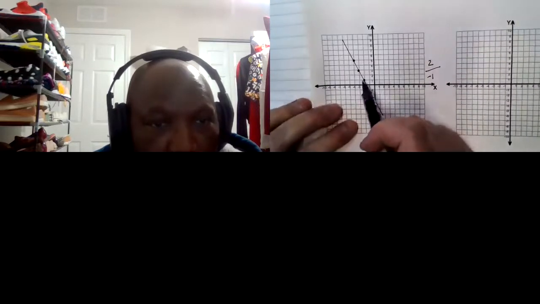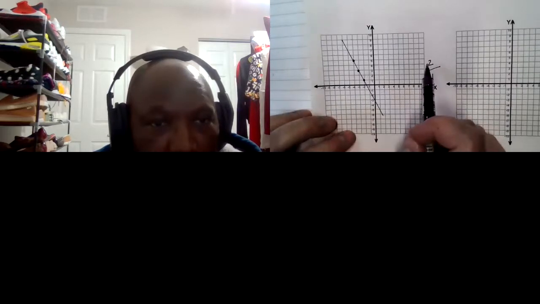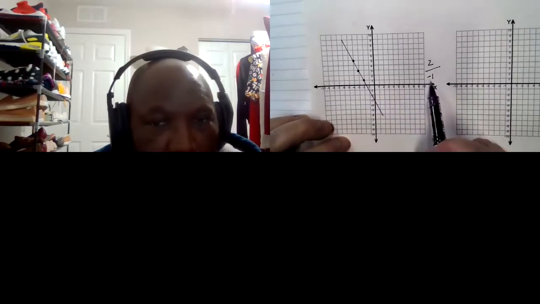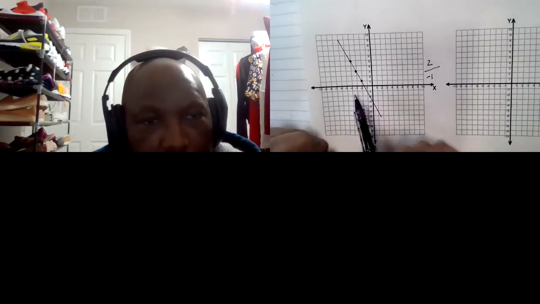The rise in between the two coordinates is 2 spaces, 1, 2, that matches. The horizontal spacing between the two coordinates is 1, and it happens to go to the left, so it's -1. You can actually just count boxes to check to see if the slope works with your line, and it does. 1, 2 over 1. Look at that.